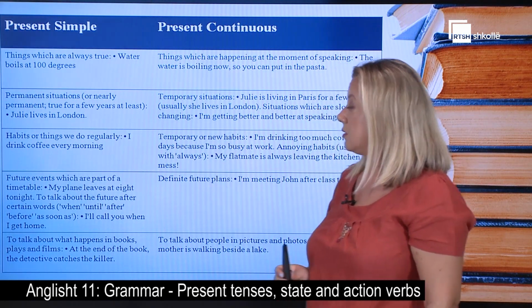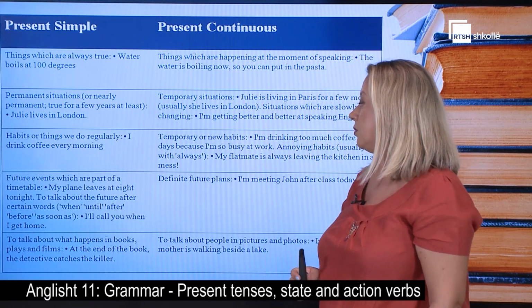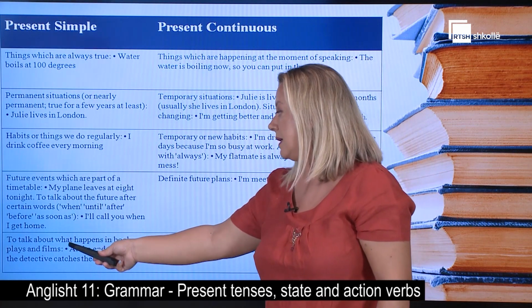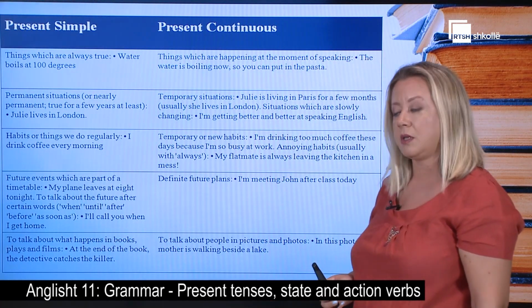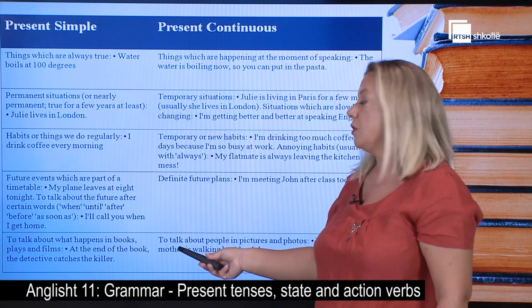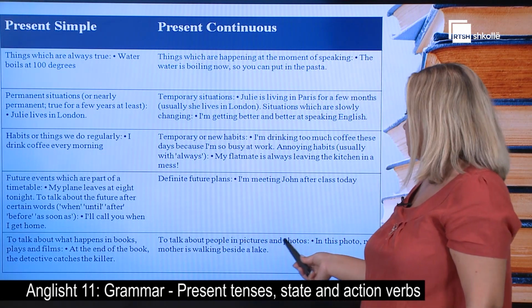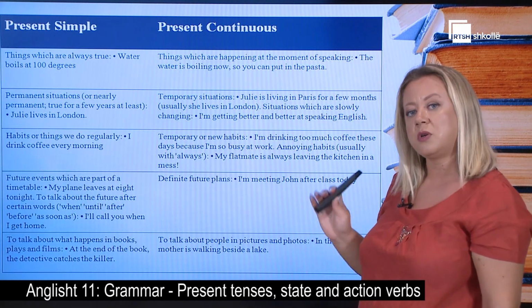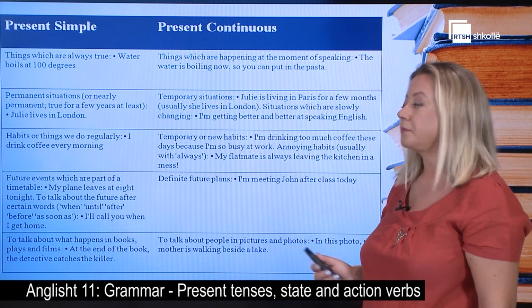And present simple is used to talk about books, plays and films, so in narratives, while we use present continuous to talk about people in pictures and photos that are more specific cases.